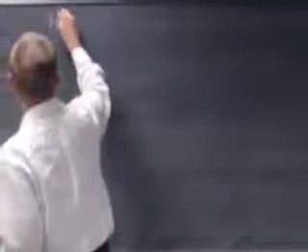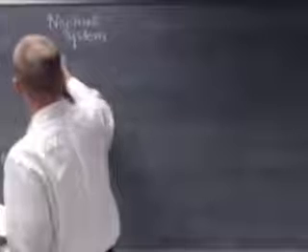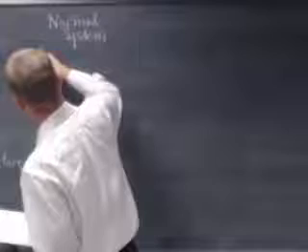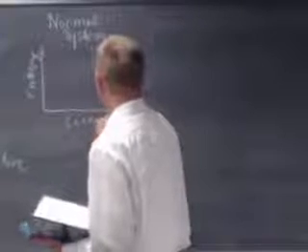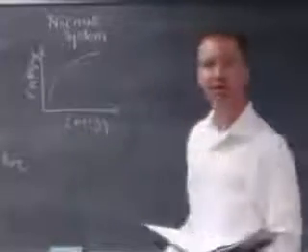So the normal graph of entropy versus energy for a normal system is like that.